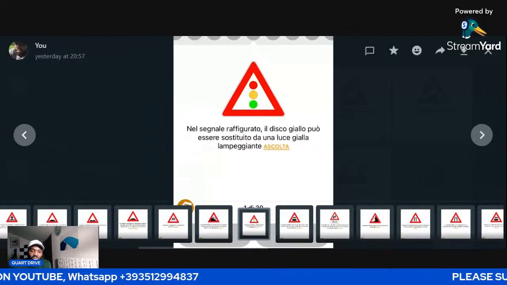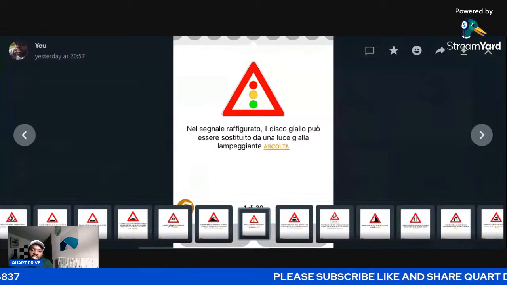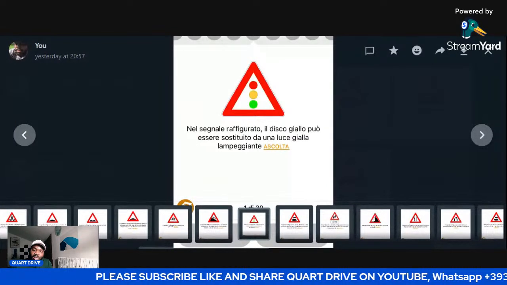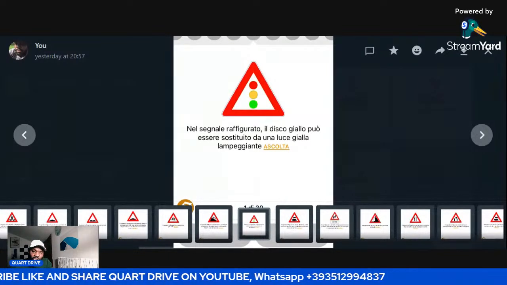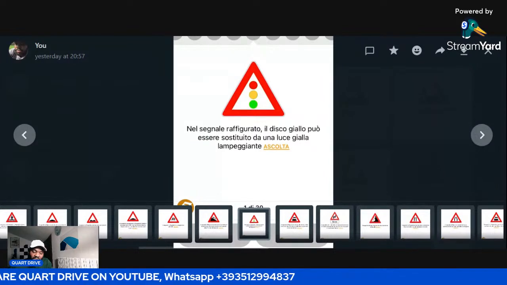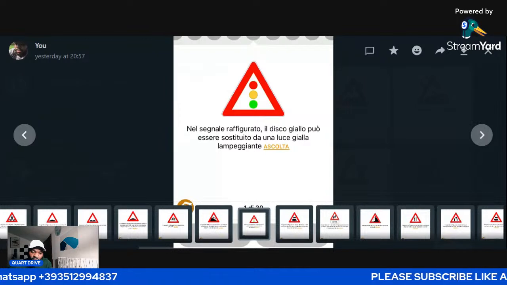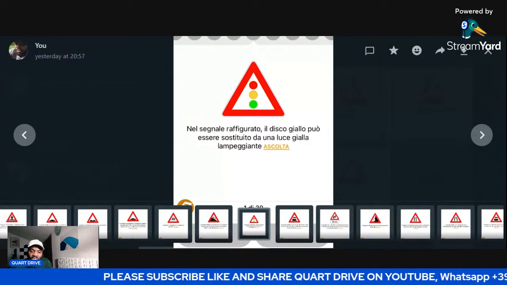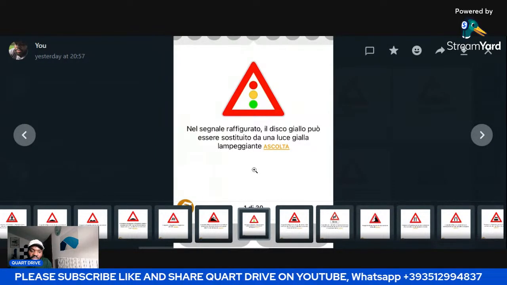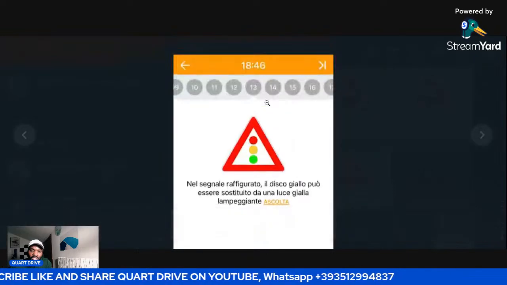This one is also one of the segnali di pericolo, and the answer here is vero, because mostly they can use only one light, the yellow light, as a warning light. It is mostly placed where there is something going on or work going on in that area. So they can put the yellow light only, blinking, to give a warning sign.